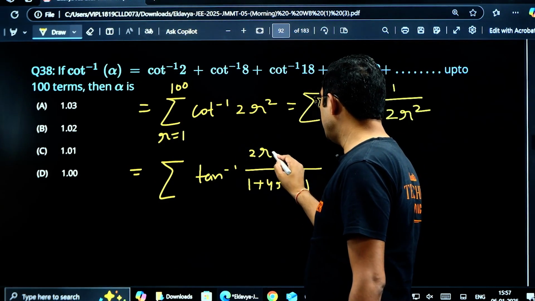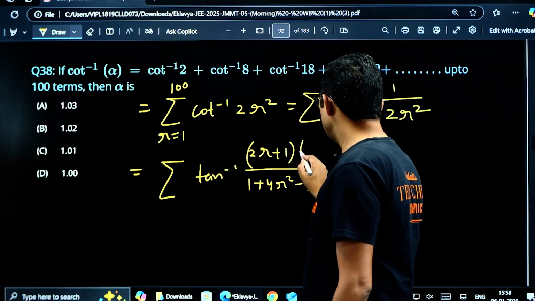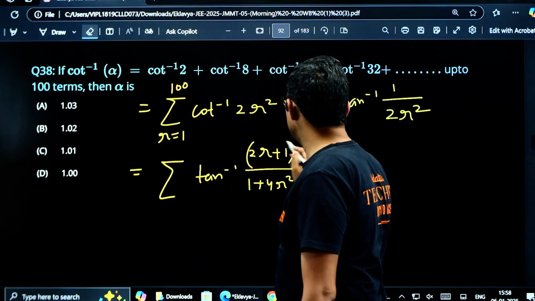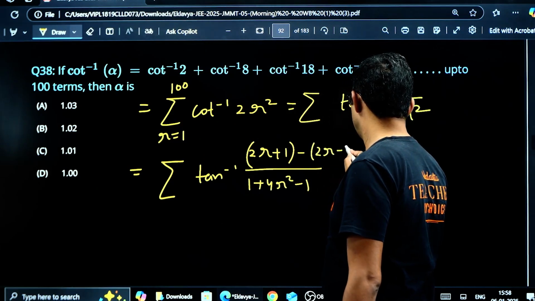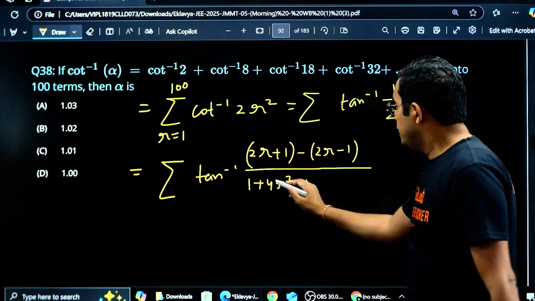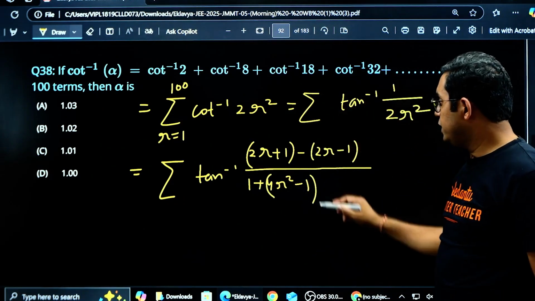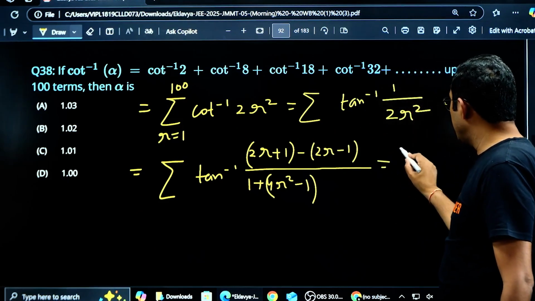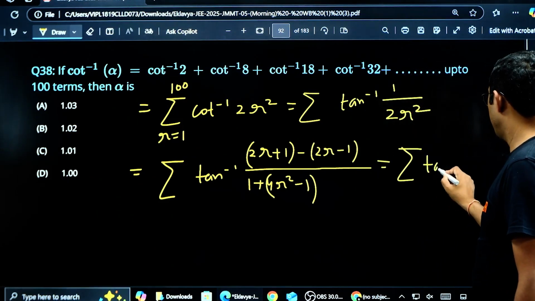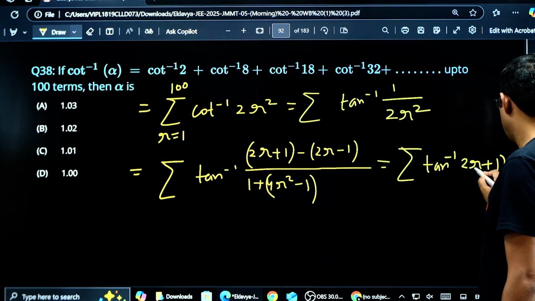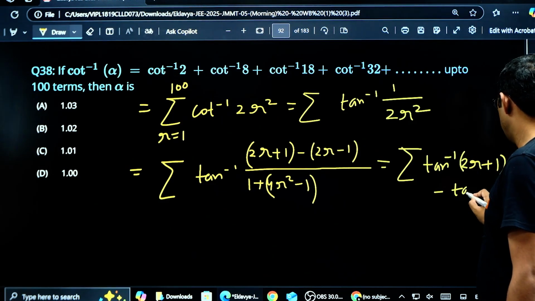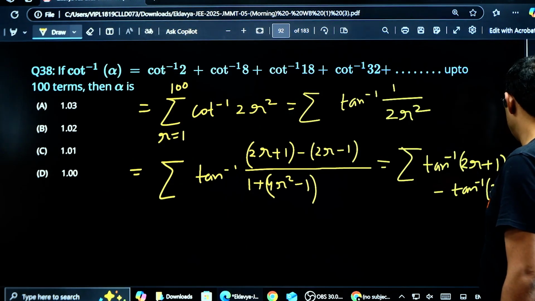And this 2 I will write like 2r plus 1 minus (2r minus 1). Now you can see this 4r square minus 1 is actually a product of these two, which means we can write it as tan inverse (2r plus 1) minus tan inverse (2r minus 1).